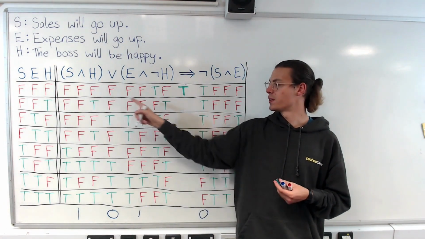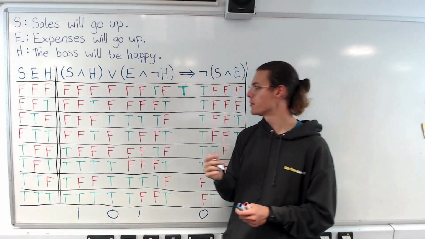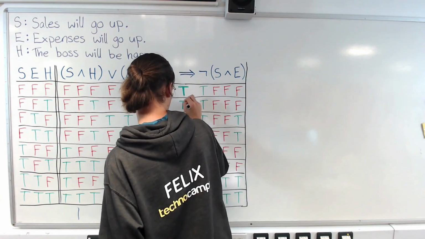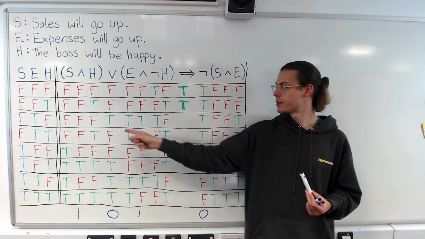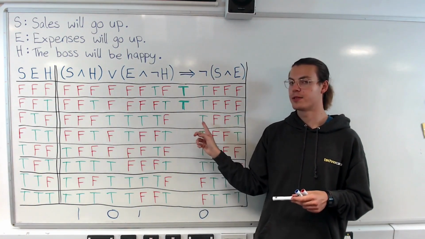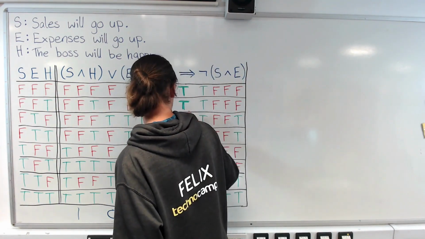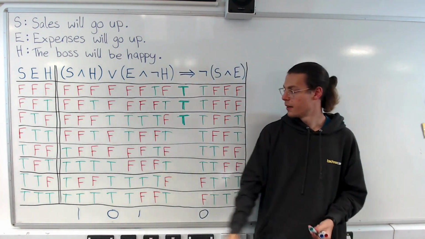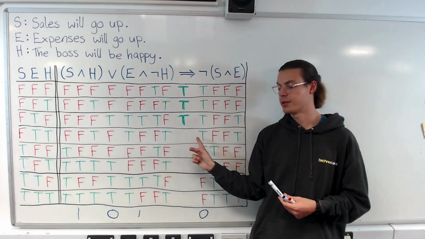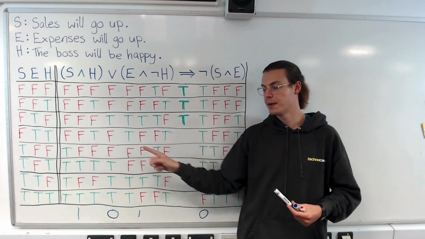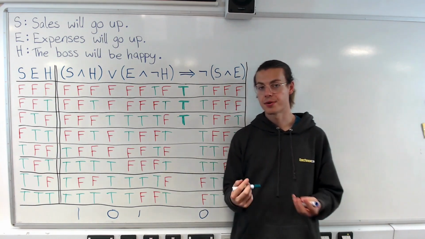Then again we have false implies true, true. Next, true implies true, which is true. Then false implies true, and again false implies true. These are both true.